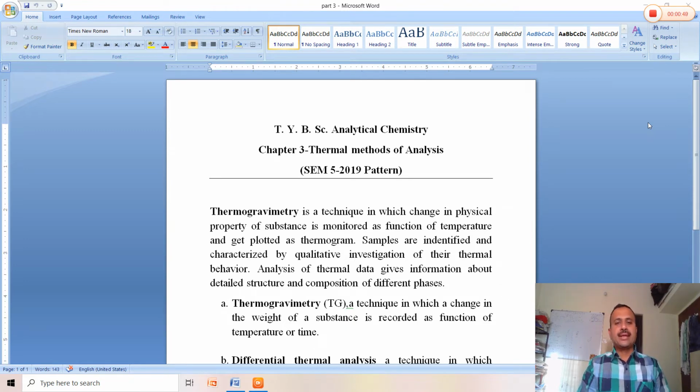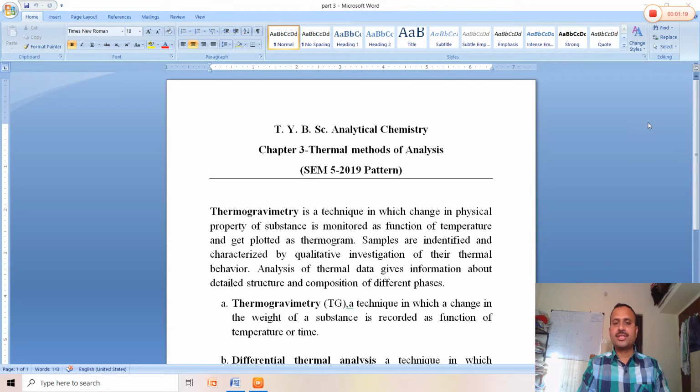Thermogravimetry is a technique in which change in physical property of a substance is measured as a function of temperature and plotted as a thermogram. So in thermogravimetry, the change in physical property of the sample or analyte is monitored as a function of temperature, and a graph is plotted for change in physical property of the substance versus temperature, and that is nothing but the thermogram.